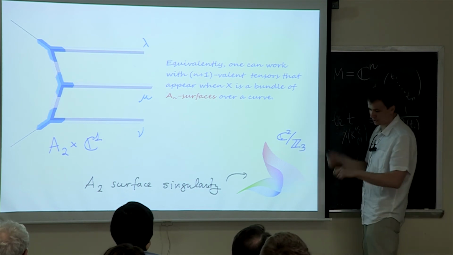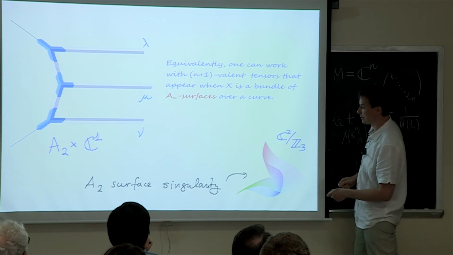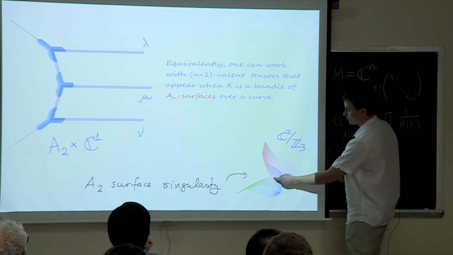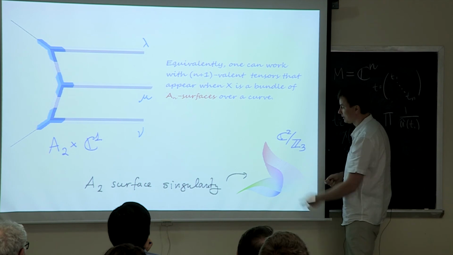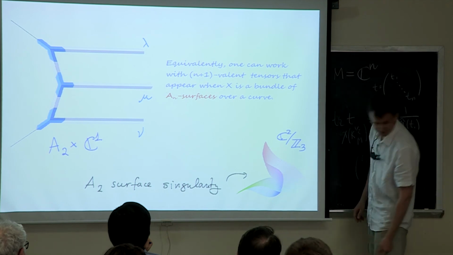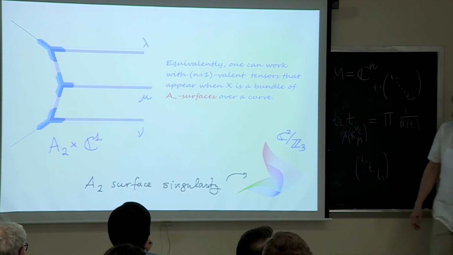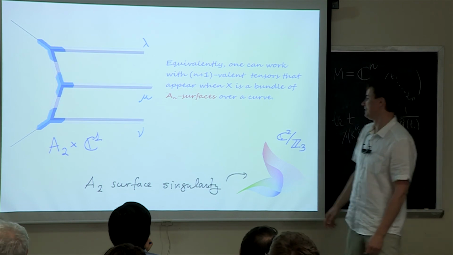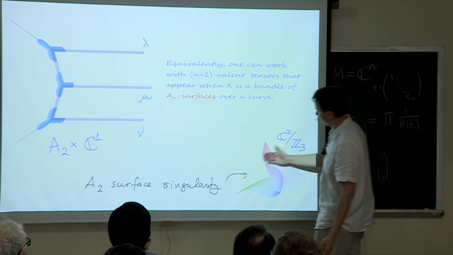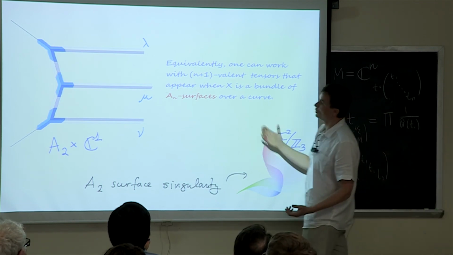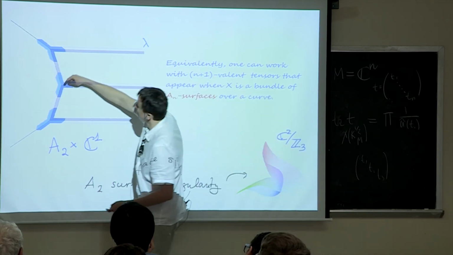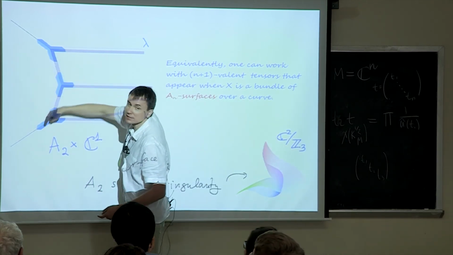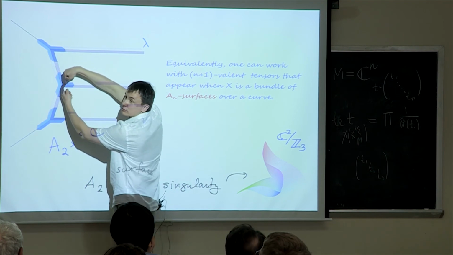So usually people draw the A1 singularity, which is a cone, and here I've drawn this A2 singularity, which looks something like this. Its minimal resolution would be a surface whose exceptional divisor is two P1s, which intersect transversely.